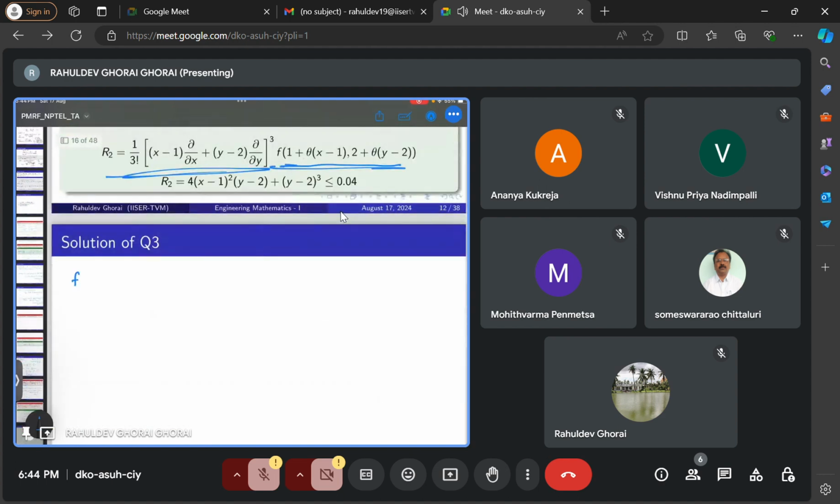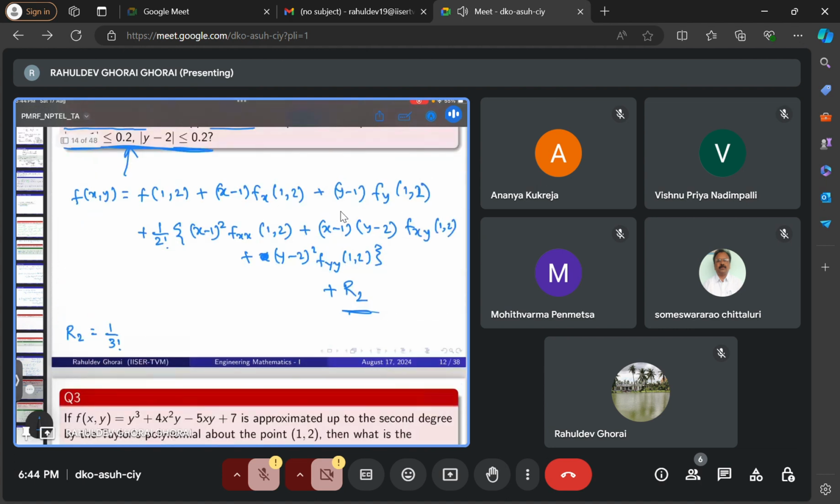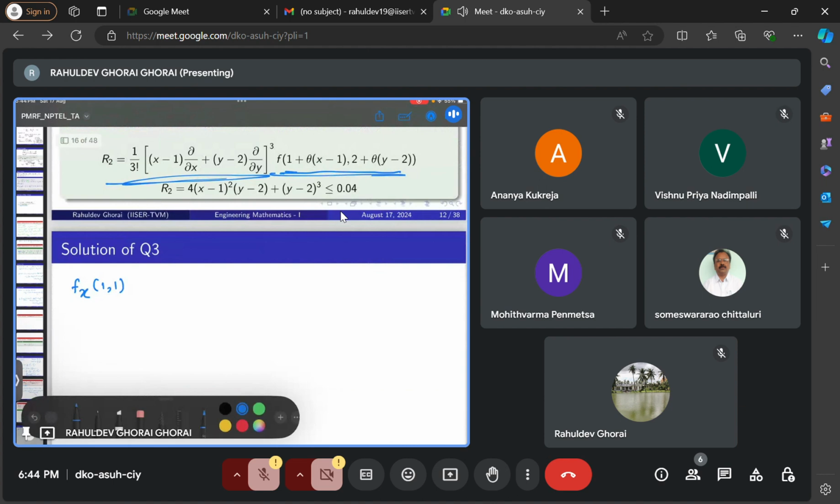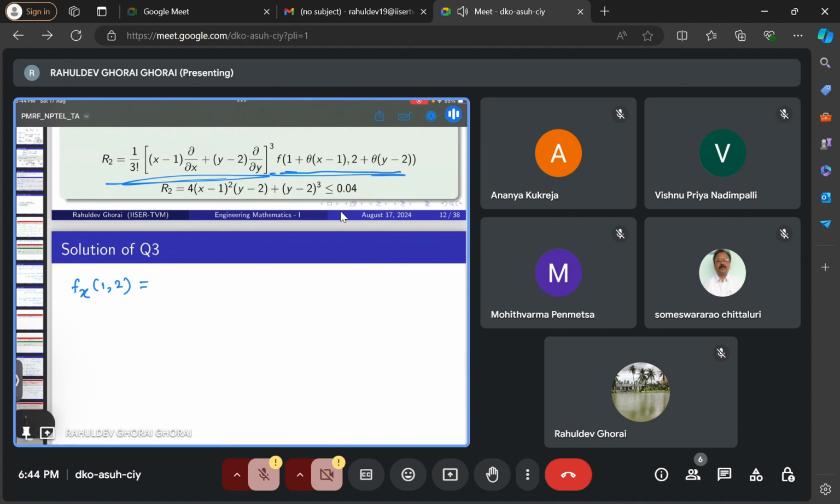So then what you will see, fx at 1 2, you have to find out. f of 1 2 we know already. So fx at 1 2, what will this be?